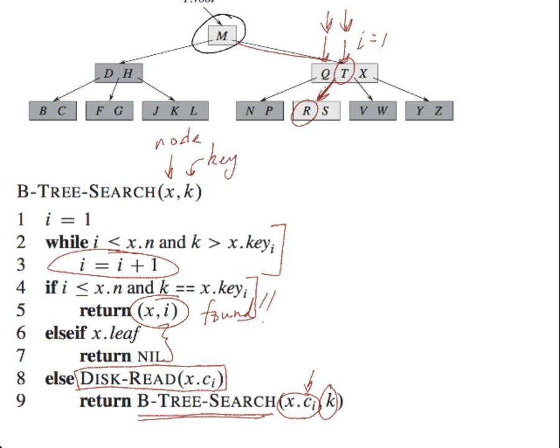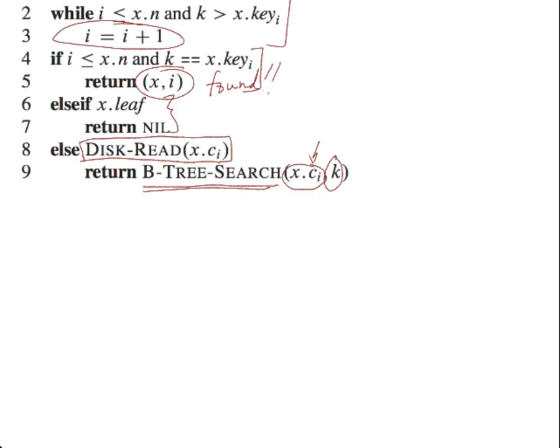So the question is, how many pages are we going to access in this tree search? And this is memory pages or disk pages. And so how many nodes are accessed in a search?